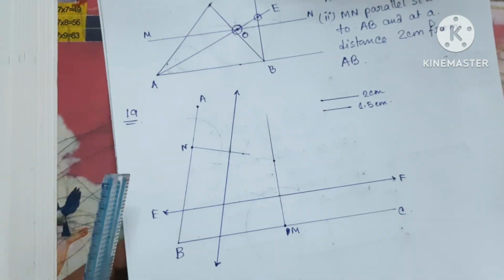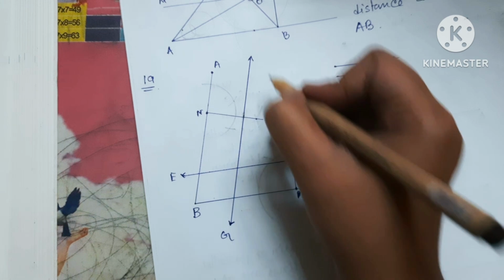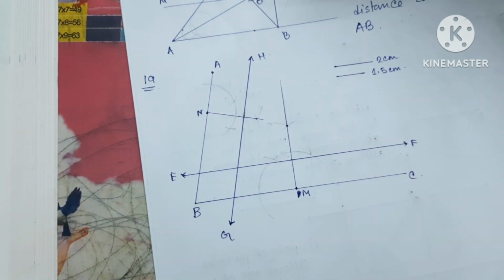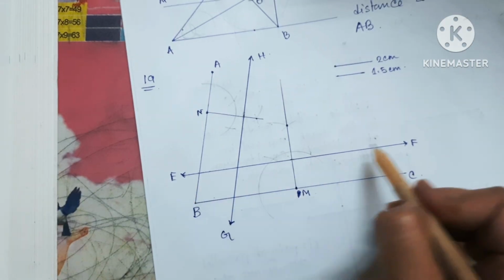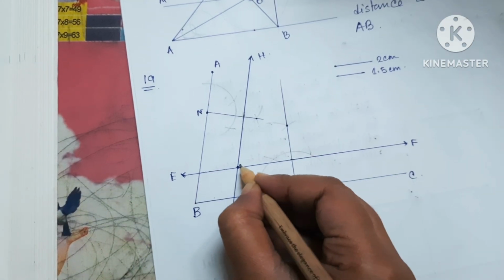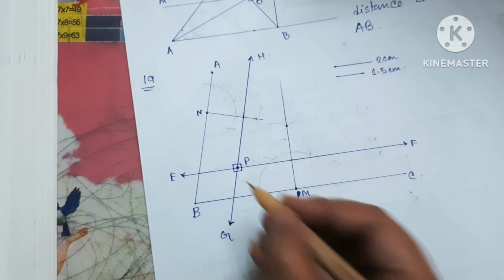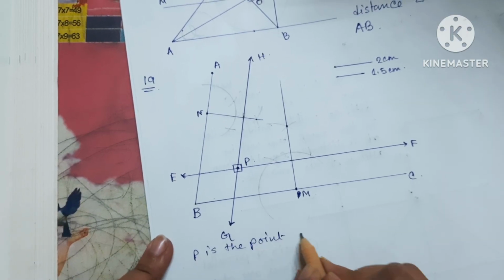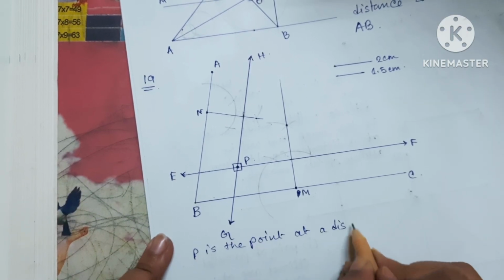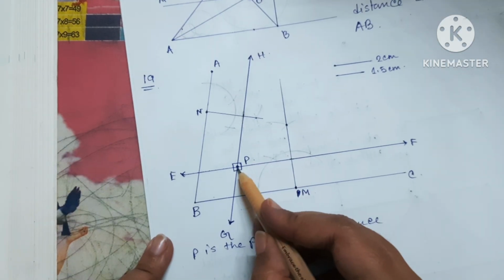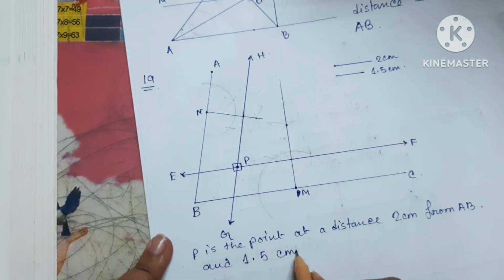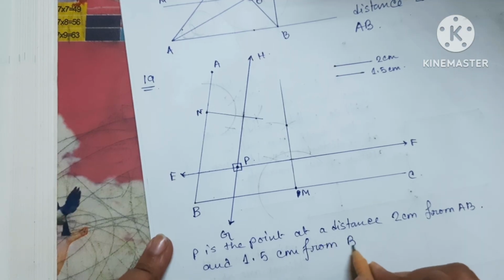So this is G and GH. GH is parallel to AB and at a distance 2 centimeter from AB. Now see, GH and EF intersect at a point P, and P is the point at a distance 2 centimeter from AB and 1.5 centimeter from BC.